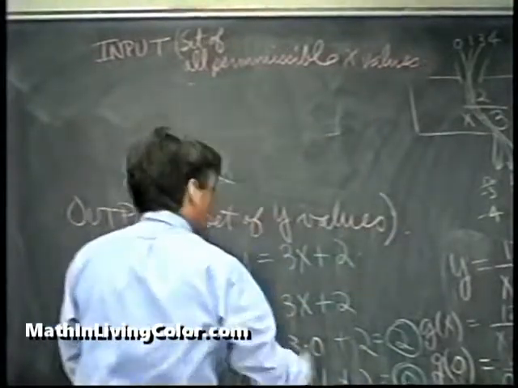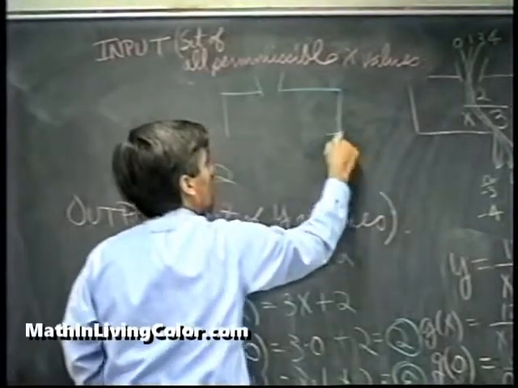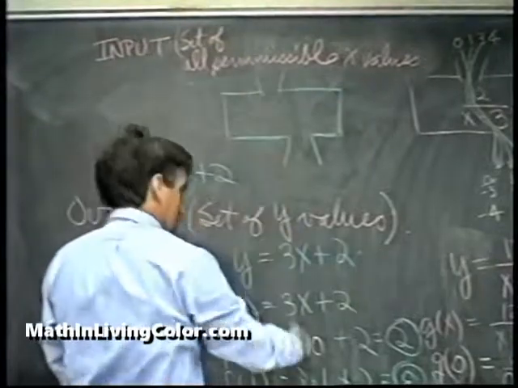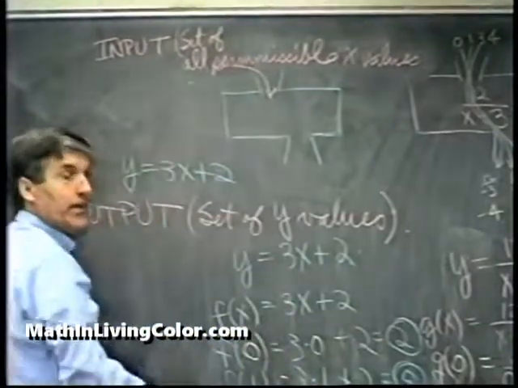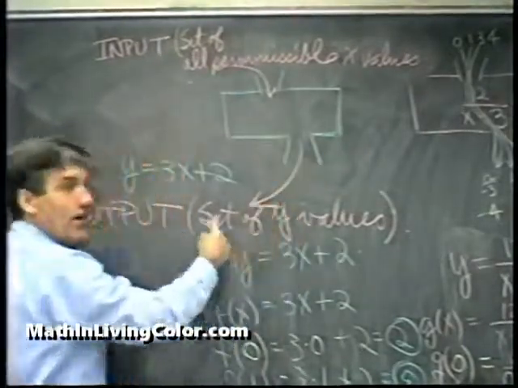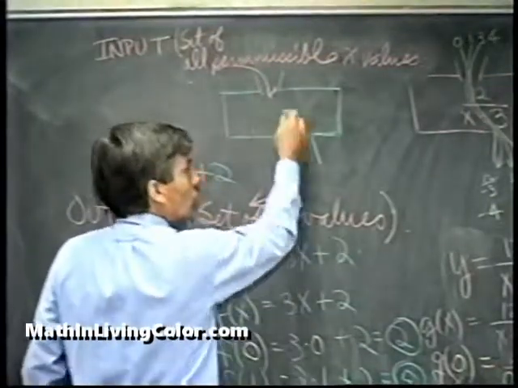So here's a typical function machine with an input and an output. And the input is the set of all permissible values of x. And we have an output, which is the set of all y values that result. And in the middle of this thing is a rule.